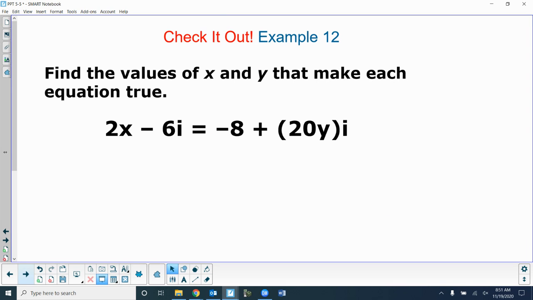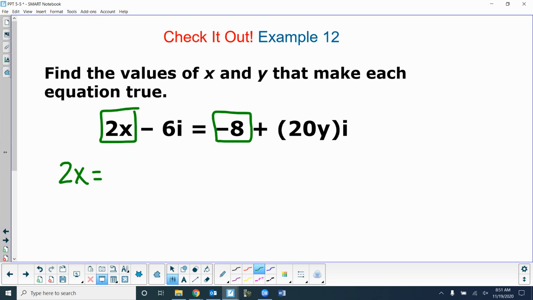Okay, so what am I going to set equal, Grace? Okay. And 20? Negative 8? Yeah. Those parts. Danny, what's the other parts that are equal?